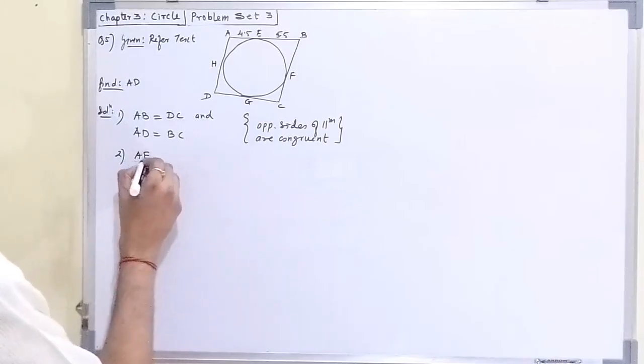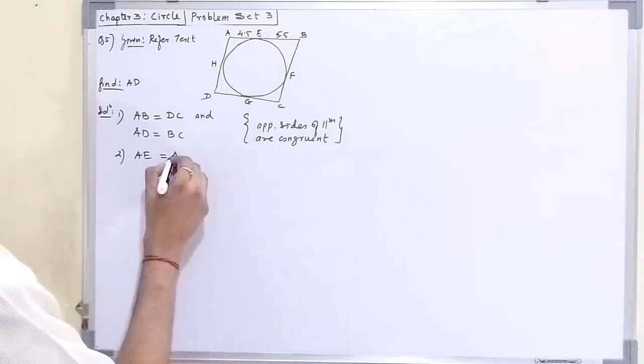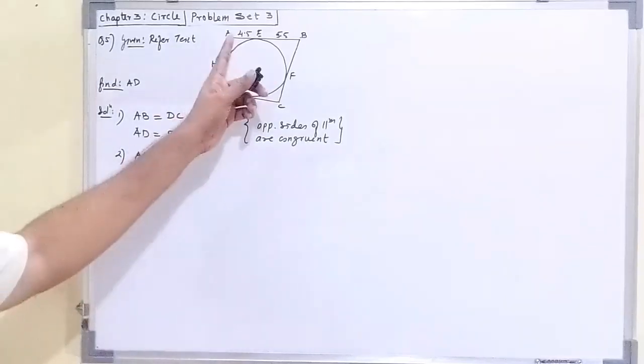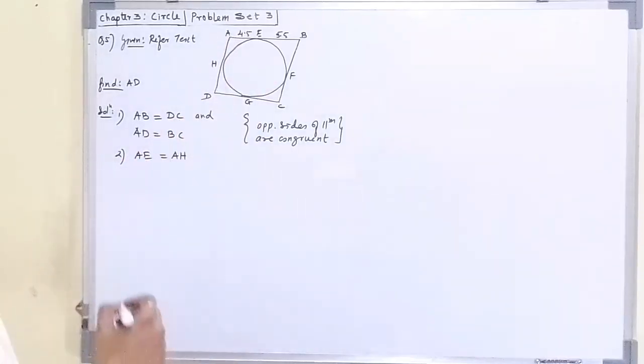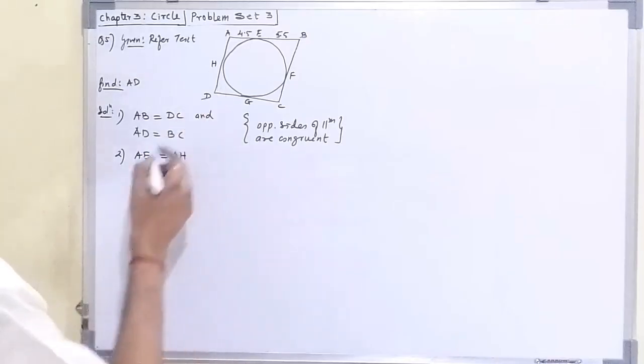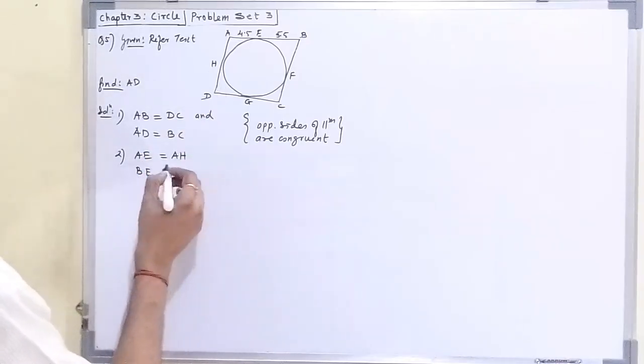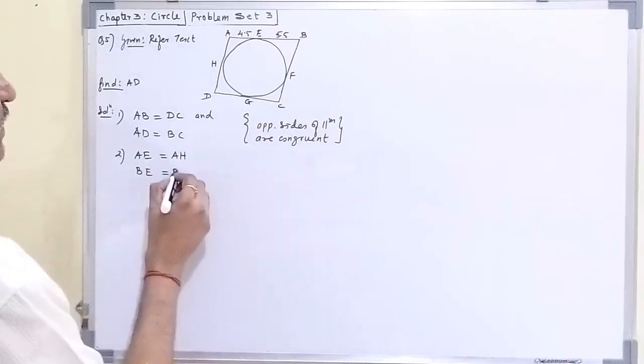Now we know AE equal to AH, and BE equal to BF.